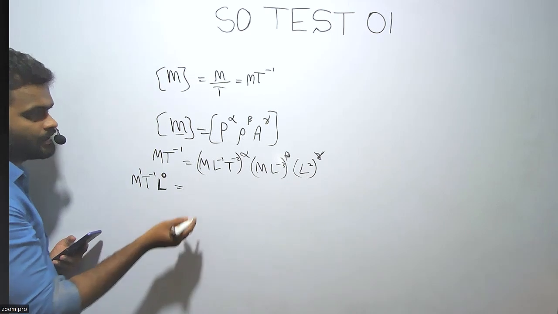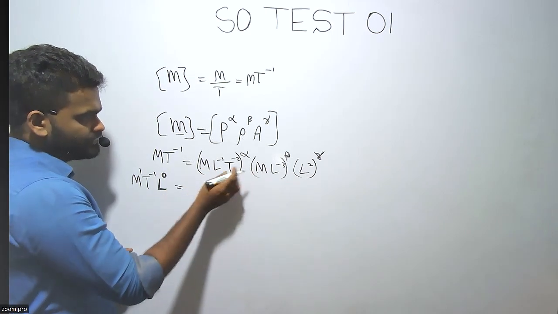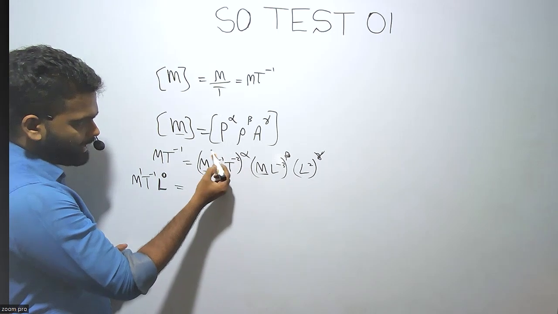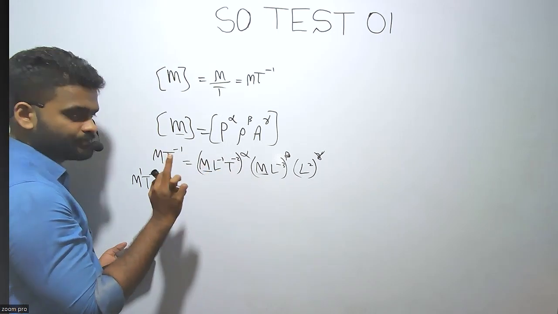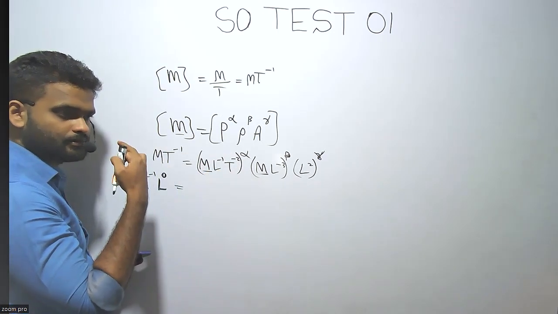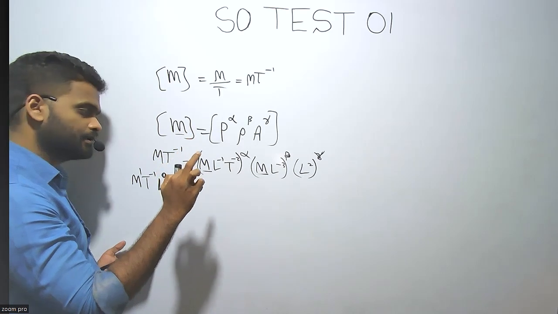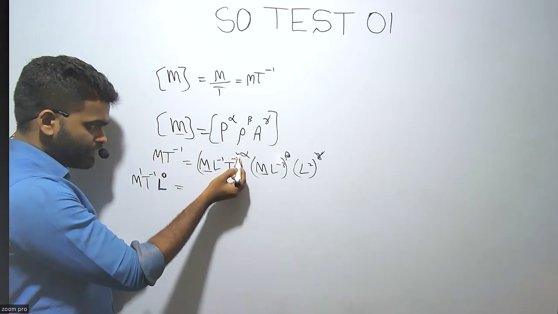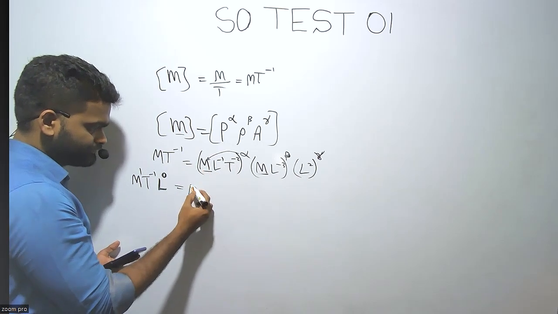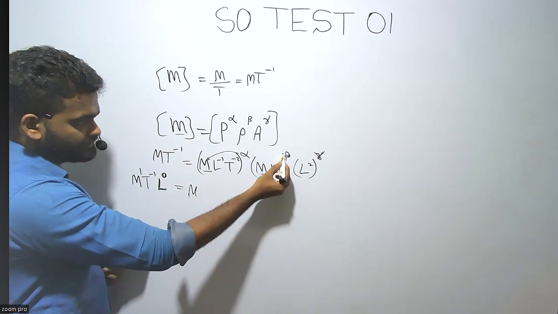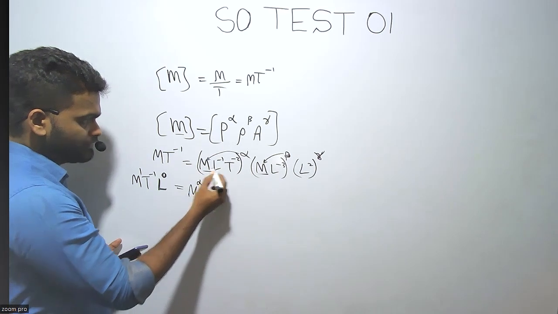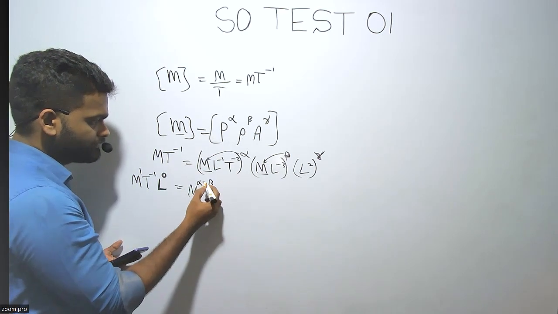Then you need to further simplify these. First I'll simplify capital M. What do we have? M alpha. You need to carefully do this, right? One mistake, you get a completely different answer. So we have M alpha, then M beta. When you multiply, M alpha plus beta.